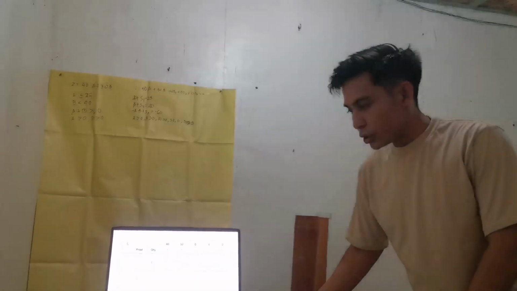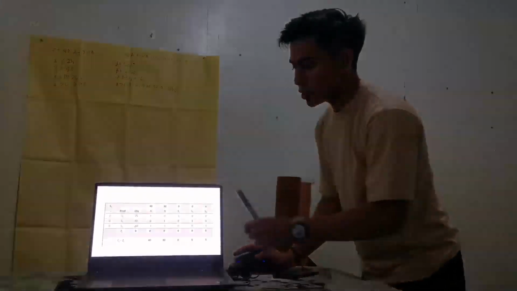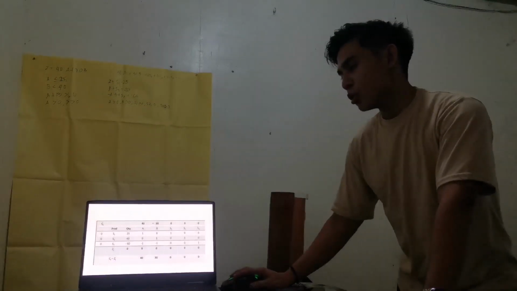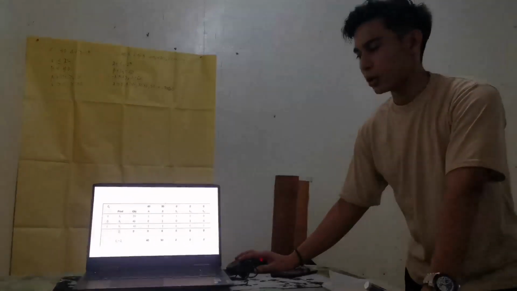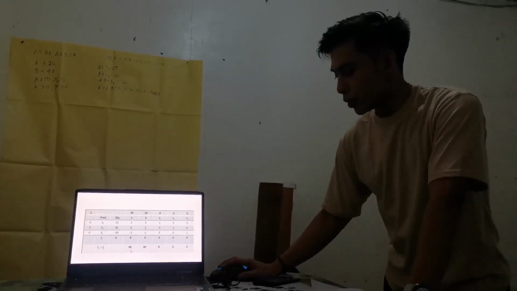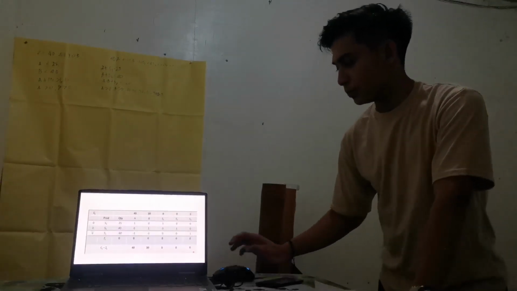Since 0 man siya, and then i-times nyo siya sa mga constraints, it's still 0. Then i-minus natin siya sa C sub j. So 0 man, so minus mga ganito is still the same value. So 40, 30, and 0, 0, 0.